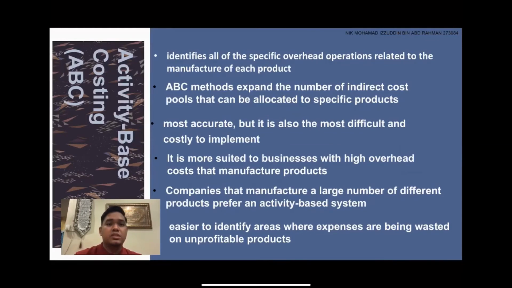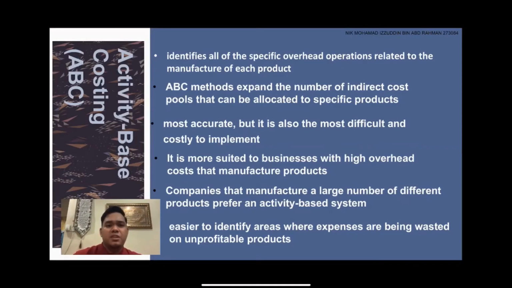Activity-based costing is the most accurate, but it is also the most difficult and costly to implement. It is more suited to businesses with high overhead costs that manufacture products rather than companies that offer services.